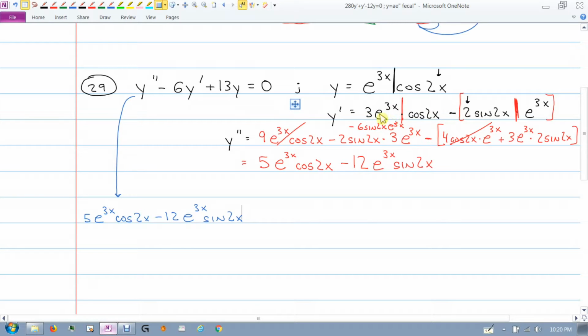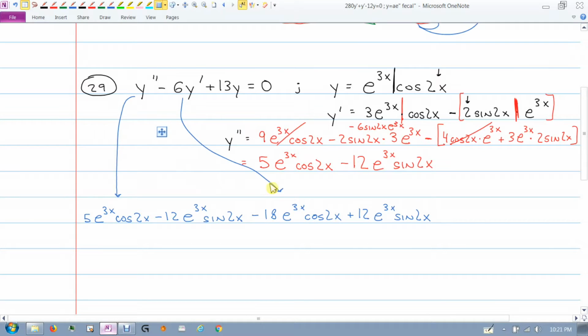So imagine hitting this with negative 6 and this with negative 6. So that's going to give me minus 18e to the 3x cosine 2x. And I'm going to hit this right here with negative 6. It's going to be positive 12e to the 3x sine 2x. So that's this part right here.